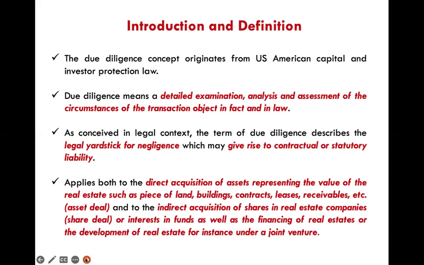And it can be applied to both the acquisition of direct real estate or indirect real estate. And so due diligence can be applied to direct real estate in the sense of the development of new real estate. And it can be applied to indirect real estate in the form of the acquisition of a stock of a real estate company.